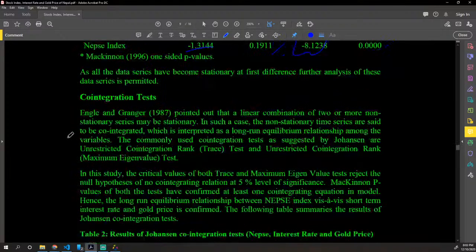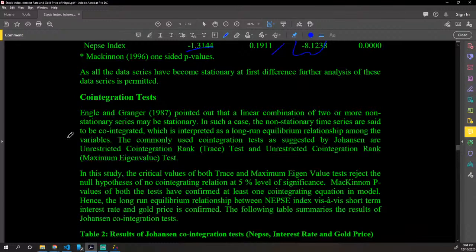Co-integration test. Engle and Granger pointed out that a linear combination of two or more non-stationary series may be stationary. In such a case, the non-stationary time series are said to be co-integrated, which is interpreted as a long-run equilibrium relationship among the variables.